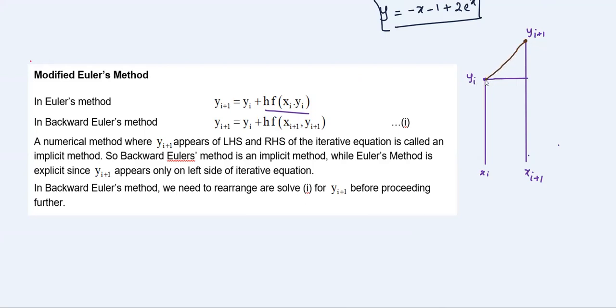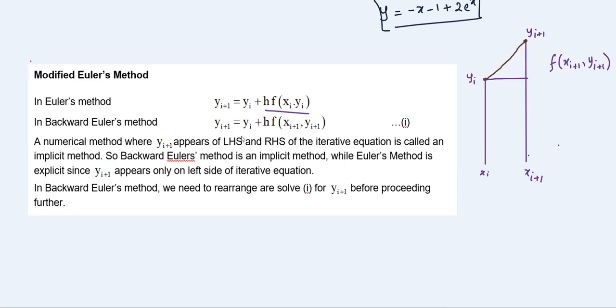Instead of approximating the slope at yi, I am taking the slope at yi plus 1. Now this is unknown to me right now, but the slope at yi plus 1 is f of xi plus 1 and yi plus 1. So I substitute this.